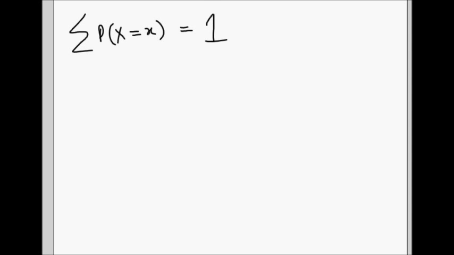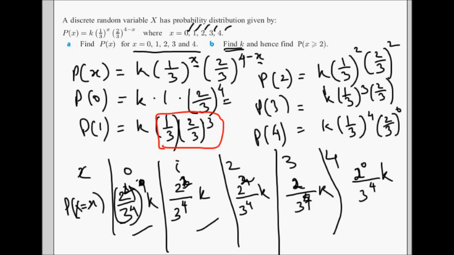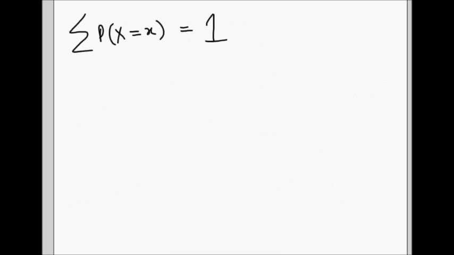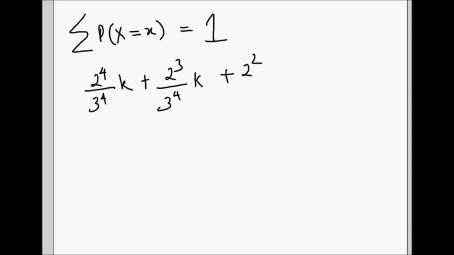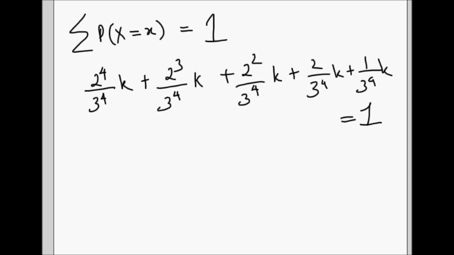So if you pick up all those values, it would be 2^4/3^4 k + 2^3/3^4 k + 2^2/3^4 k + 2/3^4 k + 1/3^4 k, and this is equal to 1.